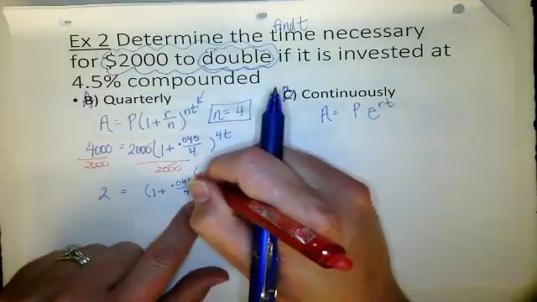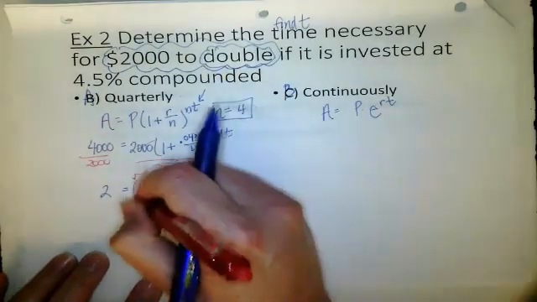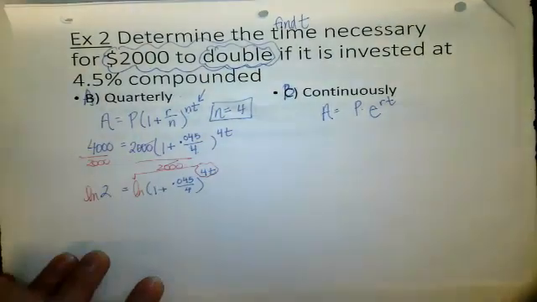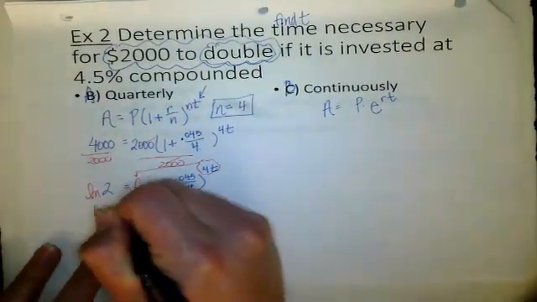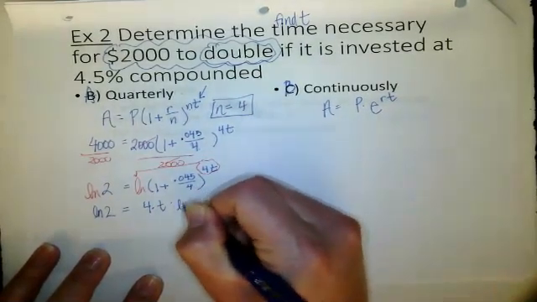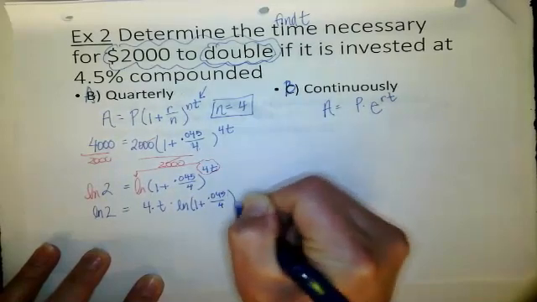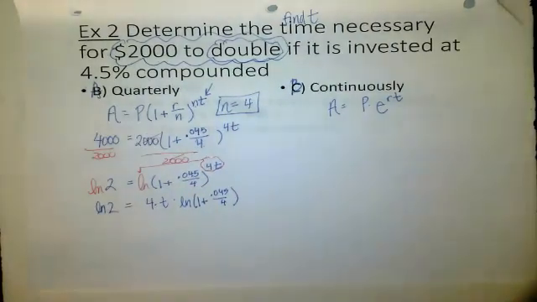But we do need to solve for t. So what do I need to do in order to make that power drop down? Natural log. Yes, we're going to take a natural log of both sides. So I have the natural log of 2 equals 4 times t times the natural log of all the garbage. And then how do you get t by itself?